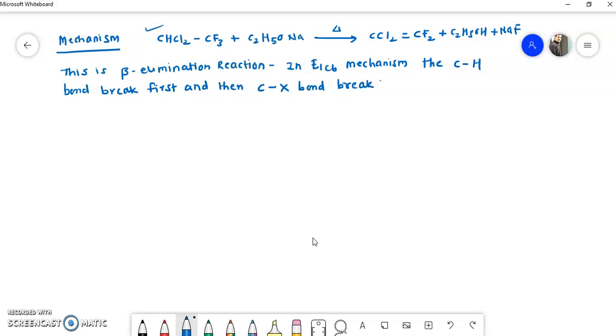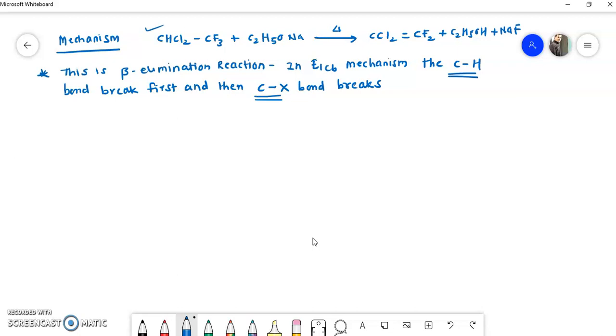This is a very important thing which we have to remember. I have already explained that in the E1 mechanism the C-X bond breaks first and then the C-H bond. In the E2 mechanism, the C-H and C-X bonds break simultaneously. But in the E1CB mechanism, always remember that the C-H bond breaks first and then the C-X bond.